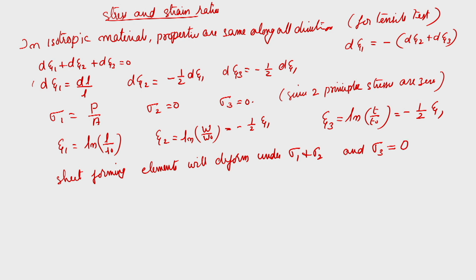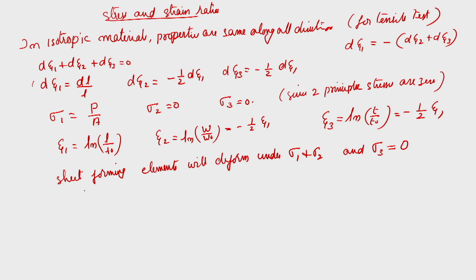Along the normal direction, as we have earlier mentioned, it is almost 0, because it is negligible. So, under this condition, for sheet metal forming, you have sigma 1 and sigma 2. The conditions of sheet metal processing will be like a plane stress deformation.